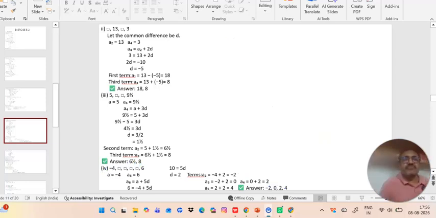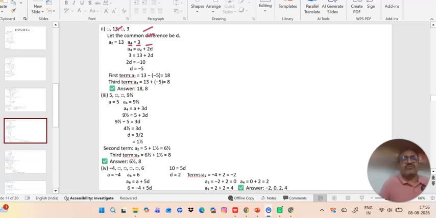In fifth sum, second term is given 38, and sixth term is also given, minus 22. So a2 is equal to 38 and a6 is equal to minus 22. So we can write a6 as a2 plus 4d. To remember simply, here 6 has come, so if this is 2, then this is 4; if this is a4, then 2d; if a3, then 3d. If you remember it like that, it is a little easier. So a6 is equal to a2 plus 4d.